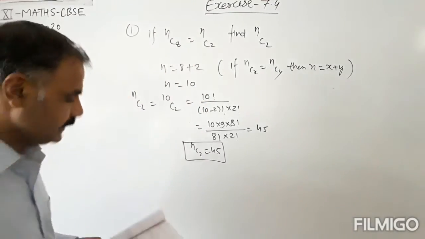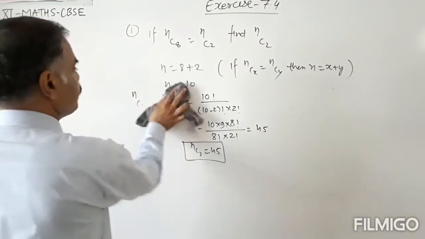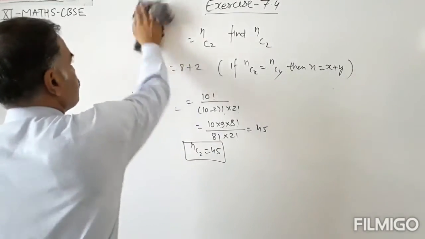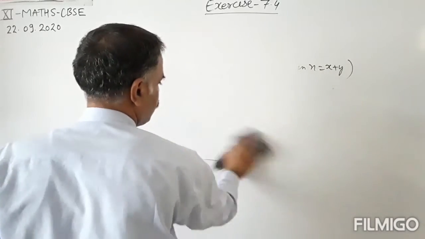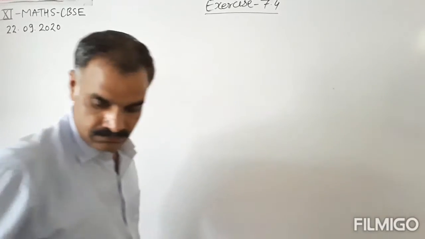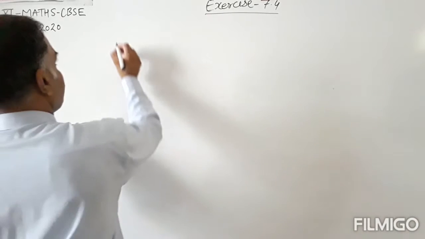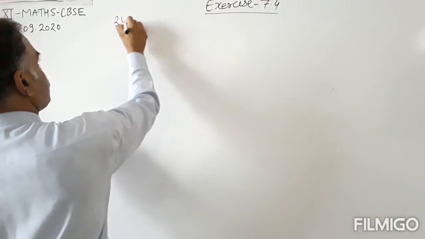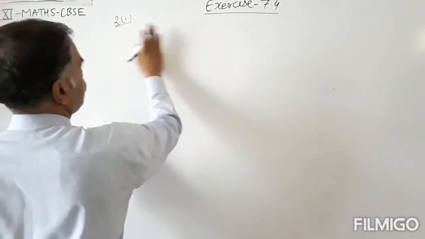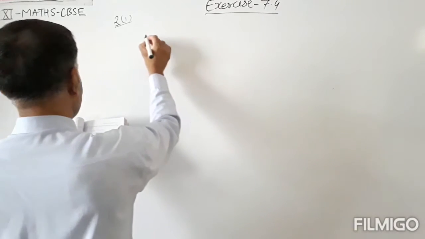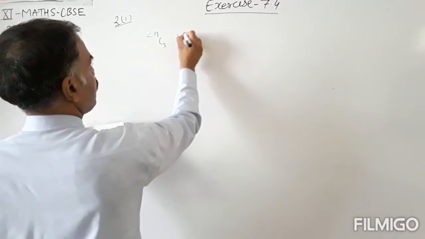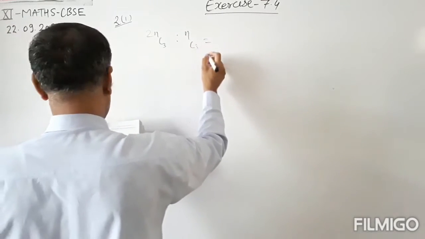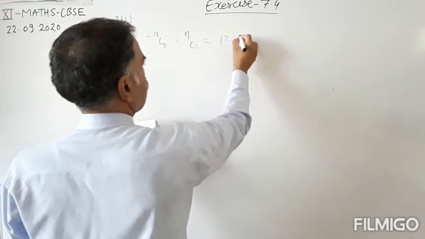Question number 2 of the combination: determine the value of n. First part of question number 2, we have to determine the value of n if 2nC3 ratio nC3 equals 12 ratio 1.